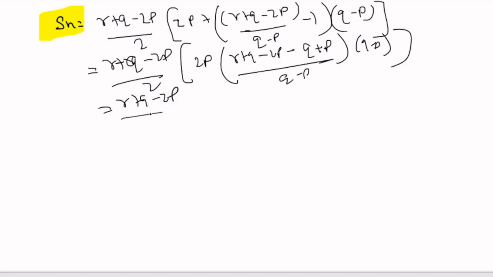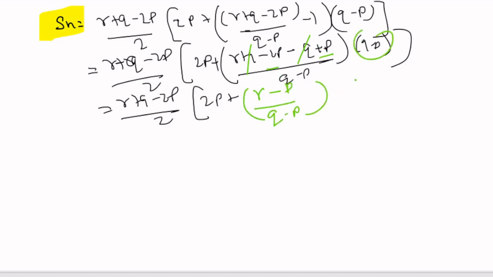Any doubt you can ask me here. Here we can cancel minus q with plus q, and minus 2p with plus p. So only remaining is (r minus p) divided by (q minus p) into, this will be there for sure, (q minus p). Now again we can cancel these elements.